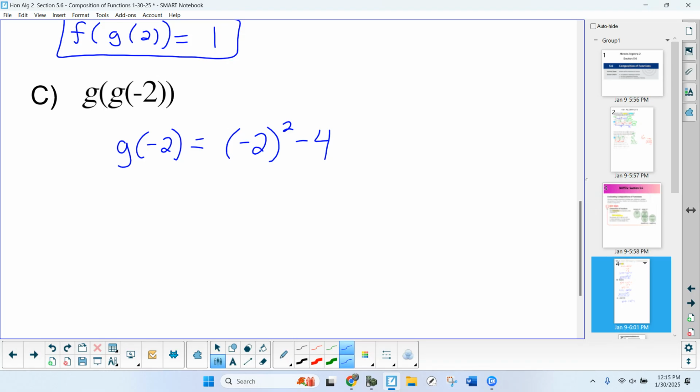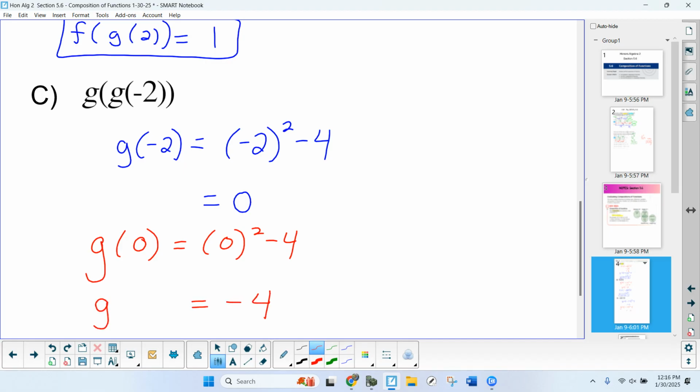So now we find g of 0. So we do it again, and we do 0 squared minus 4. Well, what's 0 squared? 0. Minus 4. So g of negative 2 is negative 4. Questions there?